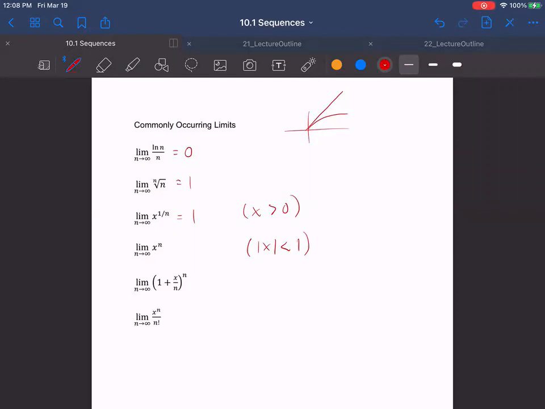So we're not changing x here. What happens if we restrict x to being essentially between -1 and 1? What do we think there?